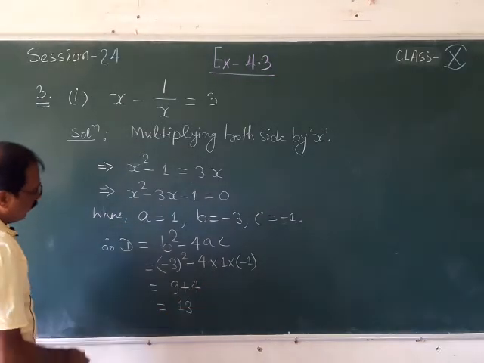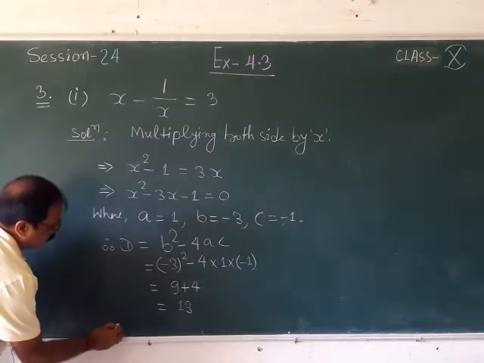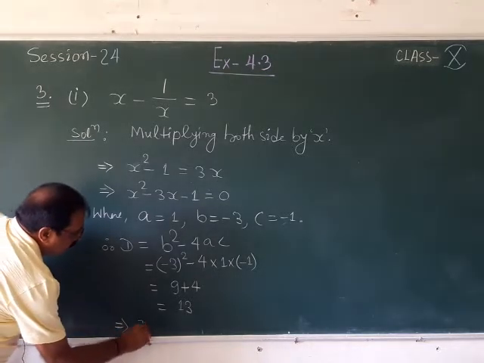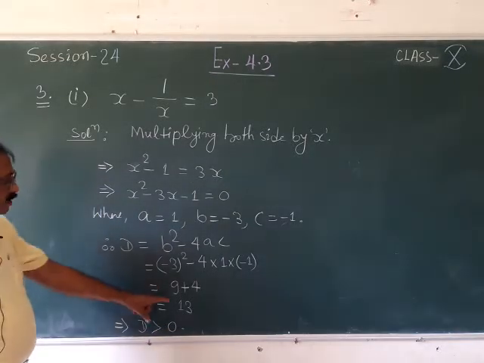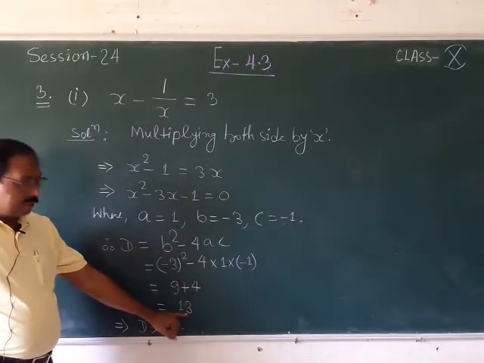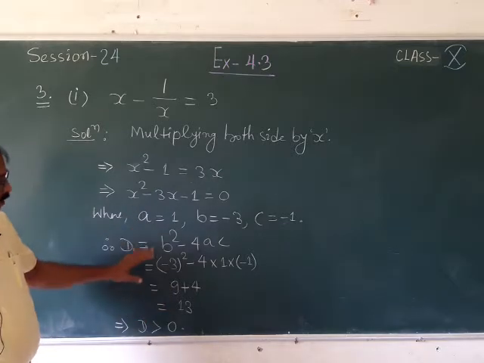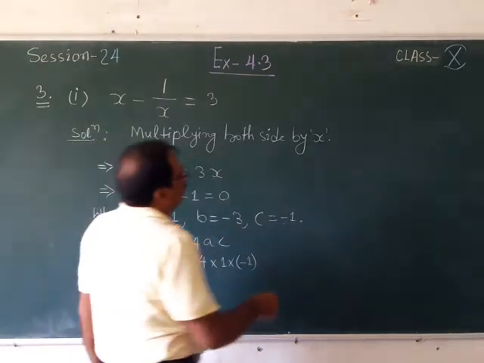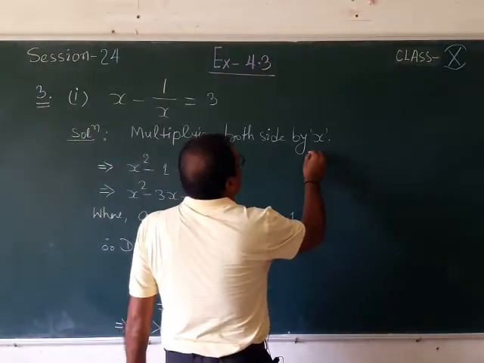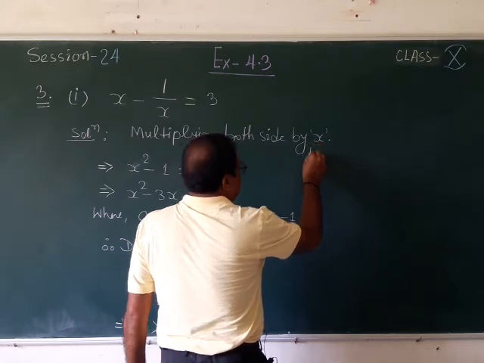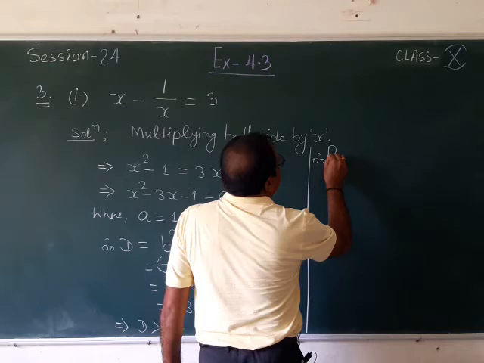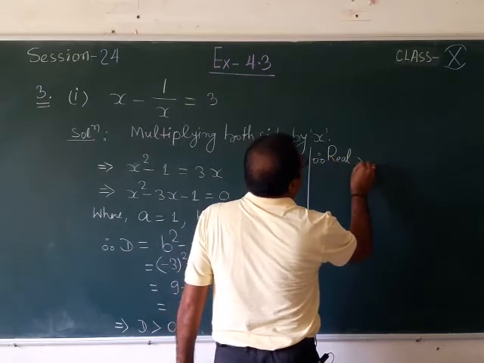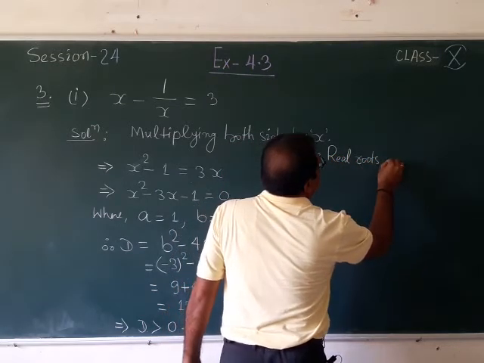Now you can see that D is greater than 0. The value of D is coming 13, and 13 is greater than 0. That means real root exists. So we need to write over there, therefore real roots exist.